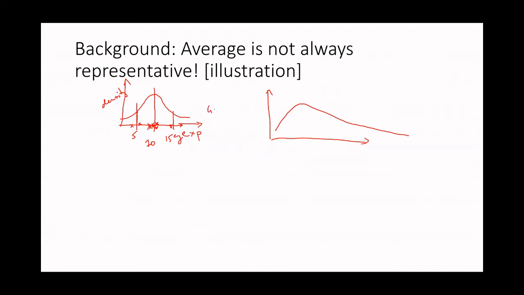Right here, the average is going to be somewhere over here, and then it will be representative of the cells over here, but not really of the cells which are present all the way to the right here. So the average is not representative of this.